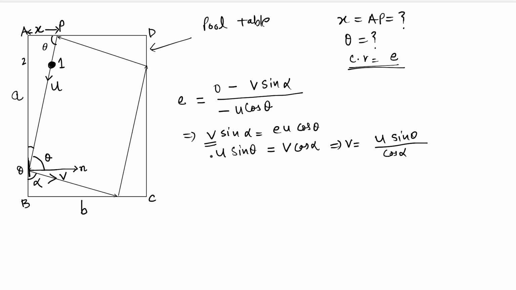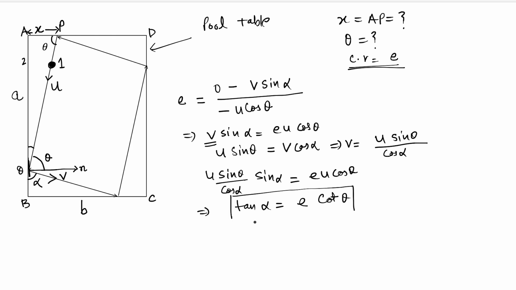So we'll put v here and it will become u sine theta by cos alpha times sine alpha equals e u cos theta, and therefore this becomes tan alpha as e cot theta, right? Okay, you see this? So far so good.